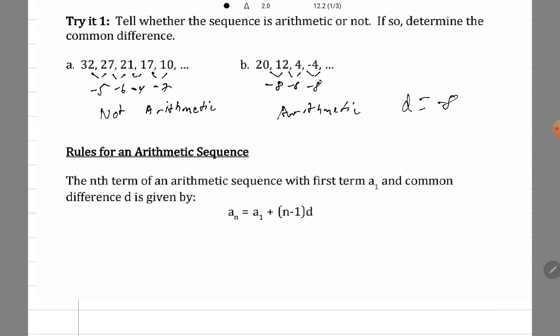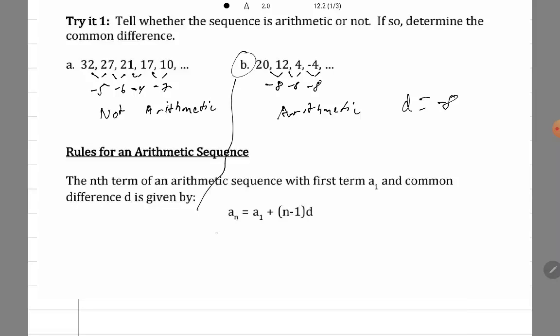Rules for an arithmetic sequence. If it's an arithmetic sequence, we can find the nth term as long as we know the first term, a1, and the common difference, d. Let's use B as an example.